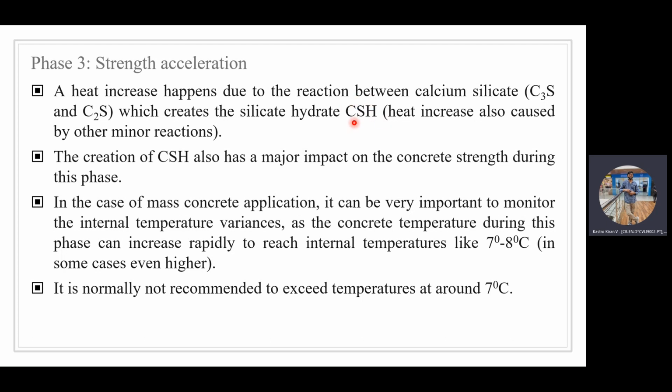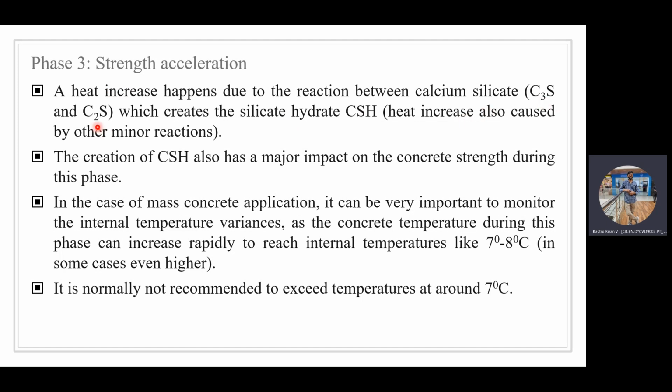It is not just CSH that is going to get formed. Along with CSH, there are also minor products that are going to get formed. We'll see those reaction phases in detail in the next 15 minutes. But for the time being, just understand how this strength acceleration is going to happen. The strength acceleration is going to happen because of C3S and C2S.